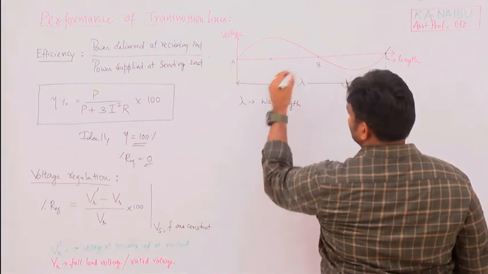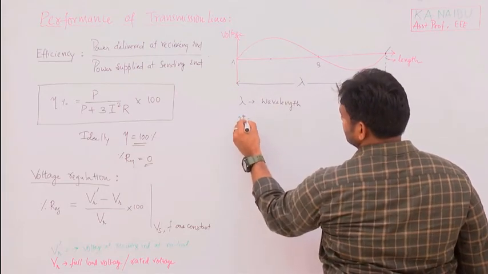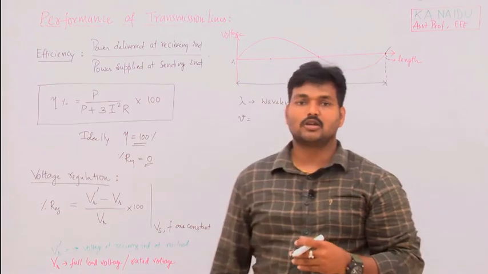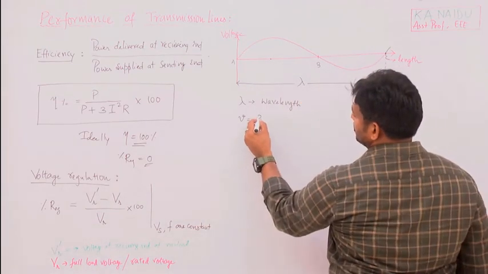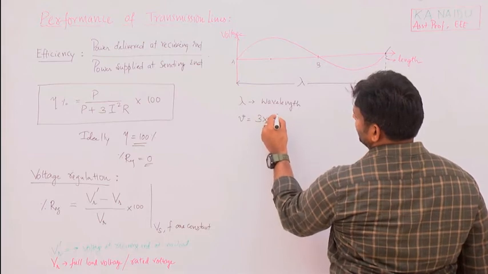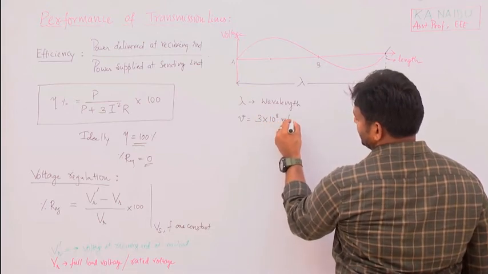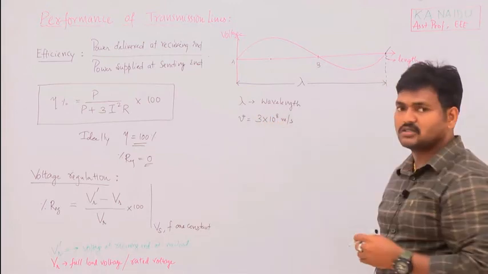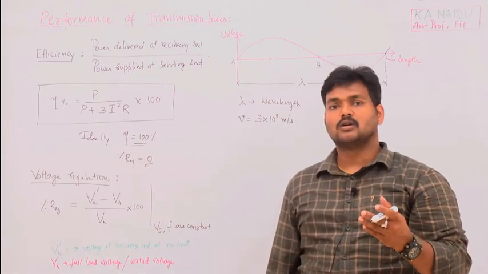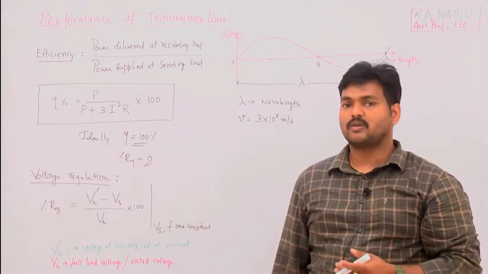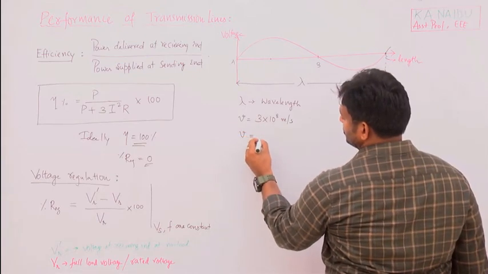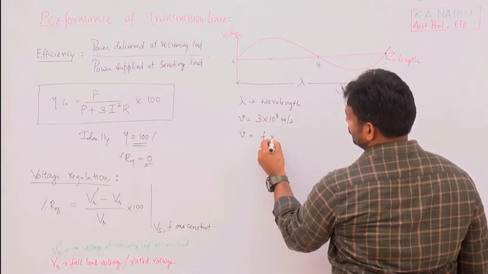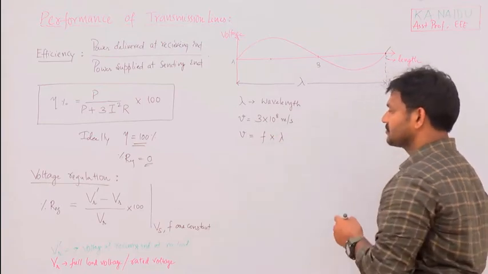Now the velocity of this wave is given by v is equal to 3 into 10 power 8 meters per second. In physics, we have studied velocity is equal to the cycles per second multiplied by wavelength. So here velocity is equal to frequency into wavelength lambda.